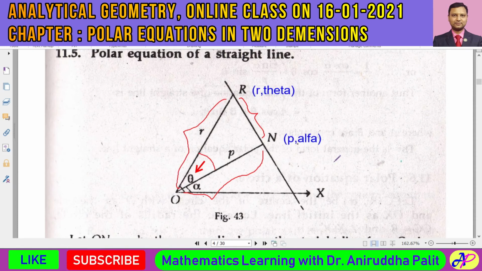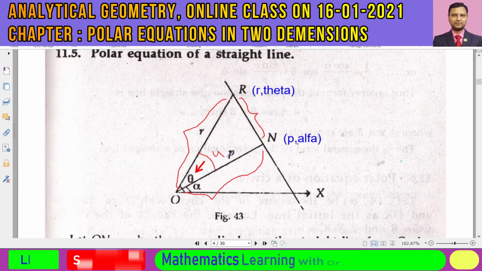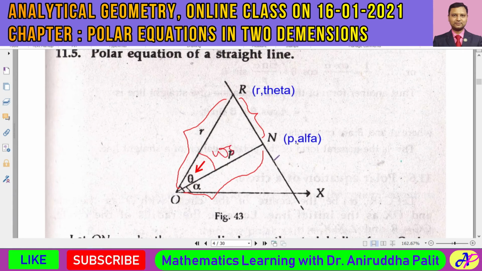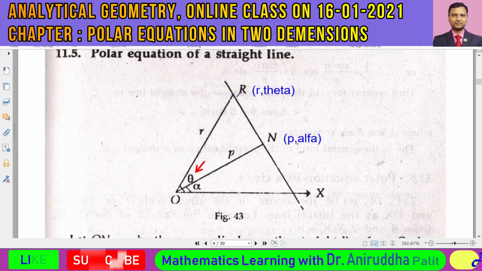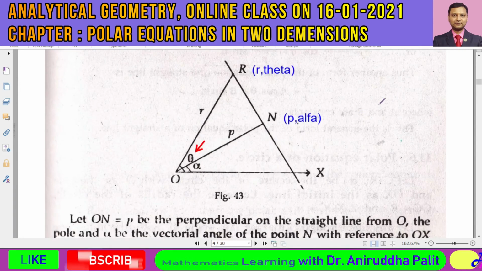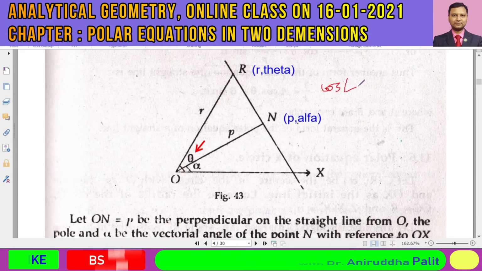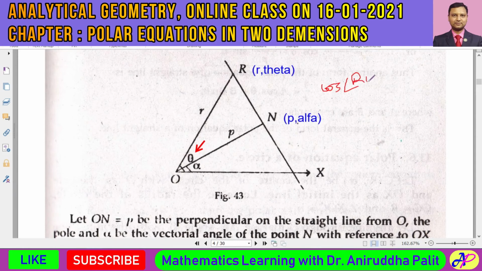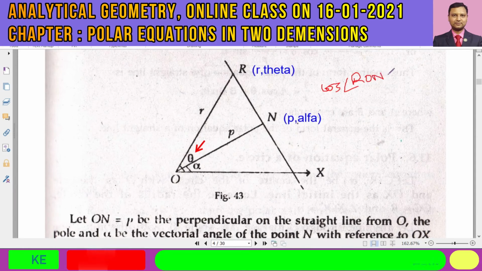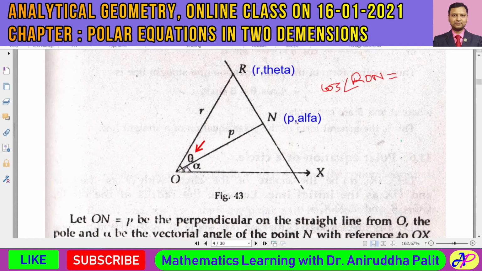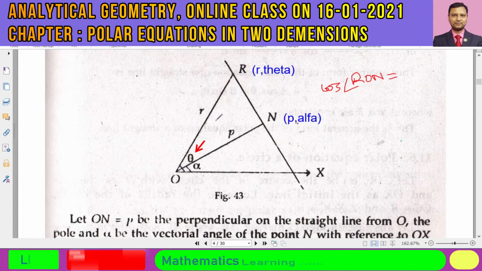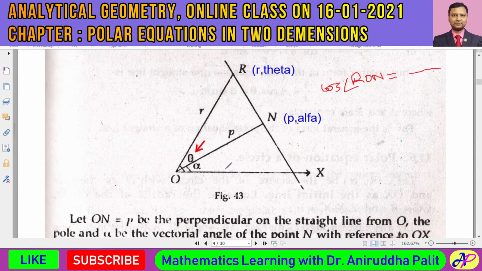If we consider the cosine of this angle RON, it should be equal to base by hypotenuse. Base means this distance p, and hypotenuse means this distance r.